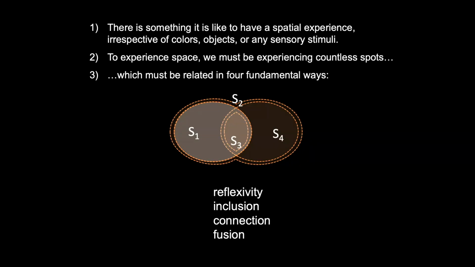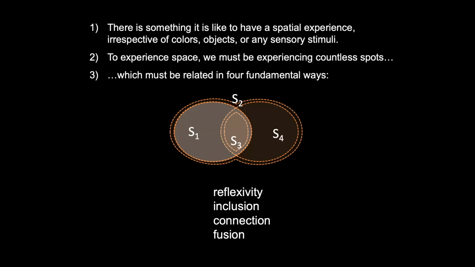So you say that every spot must include other spots? Yes, of course there are exceptions, like the points, the pixels are the smallest possible spots that you can experience that don't include any other spot. So in the case of visual space, they would be specks of color, like little pixels that you still experience, but you don't experience them as extended in the sense that you can't resolve a left side and the right side, for instance.